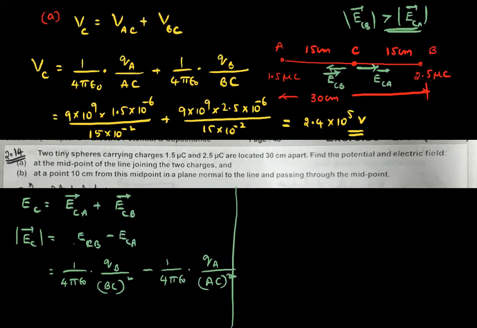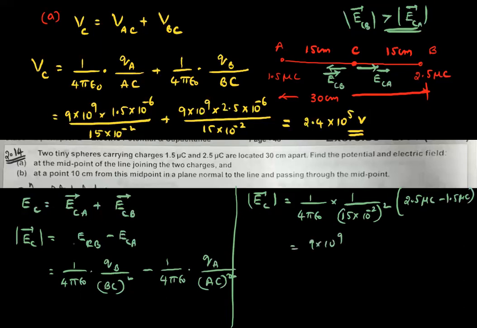We can write in a step, mod of EC equals 1 by 4 pi epsilon naught common, into 1 by 15 centimeter, also constant, whole square common, into QB minus QA, that is 2.5 microcoulomb minus 1.5 microcoulomb, which gives you 9 into 10 power 9 divided by 225 into 10 power minus 4, into 1 into 10 power minus 6, which gives you 25 times 10 power 4.